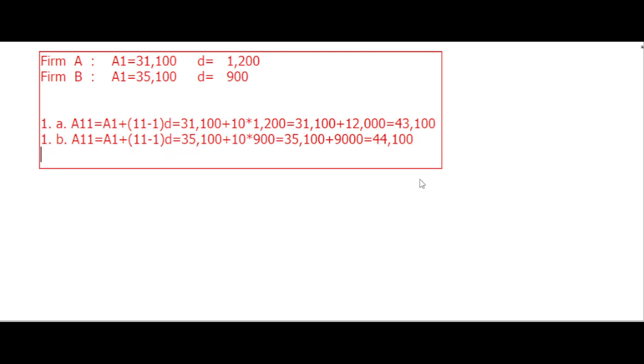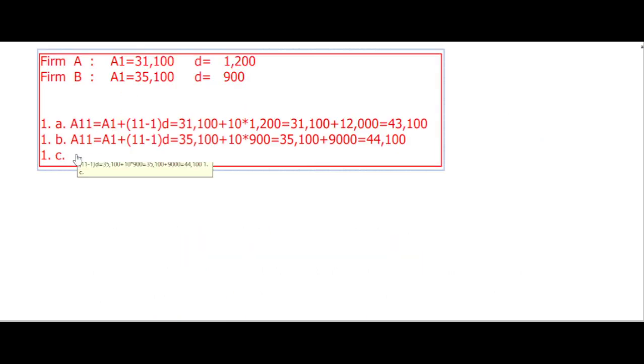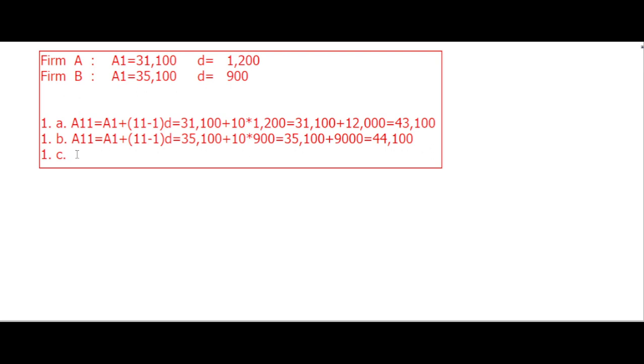Let's go to question number 1C. What do you want to find here? Over the first 11 years, how much would be earned at firm A? We want to find here S11. Let's compute it. S11 is equal to 11 divided by 2 times A1 plus A11.